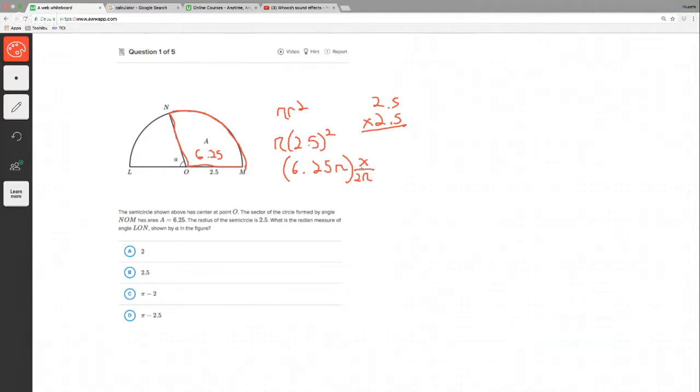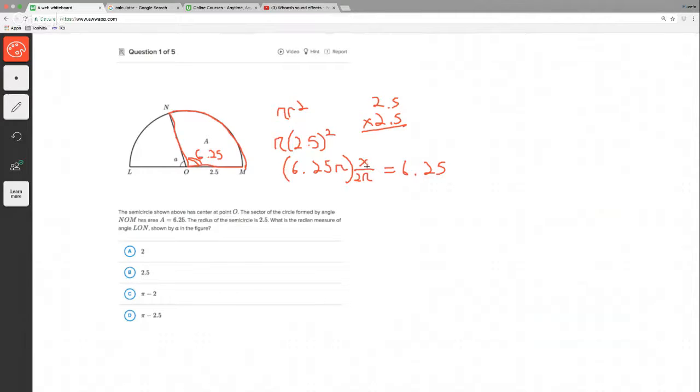This is exactly how we find 6.25, the area of our sector. You take the ratio of this angle over 2 pi, which is 360 degrees going all the way around. 2 pi is equivalent to 360 in radians, and that would equal our sector area.